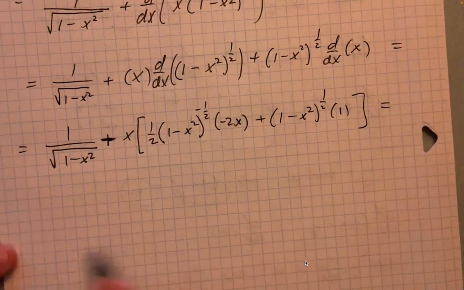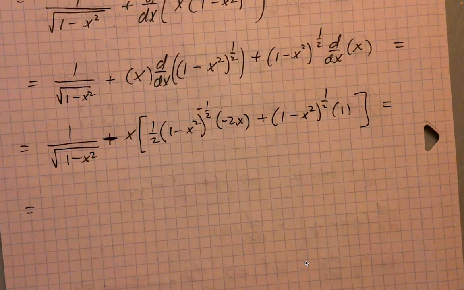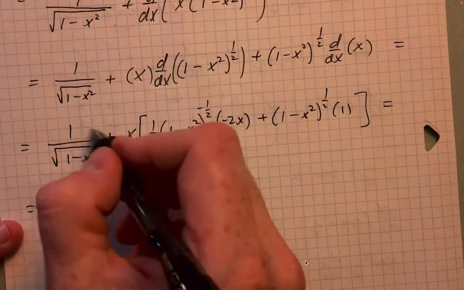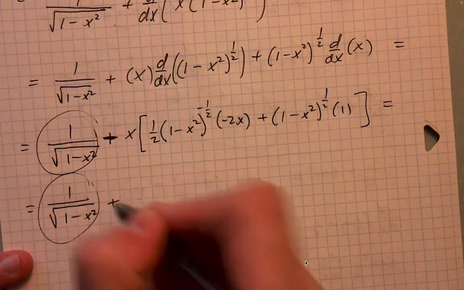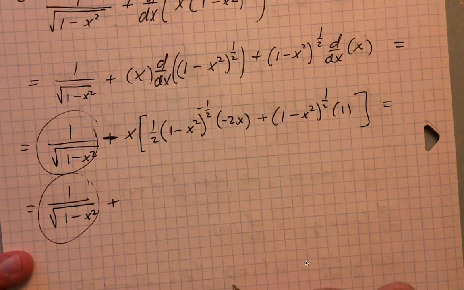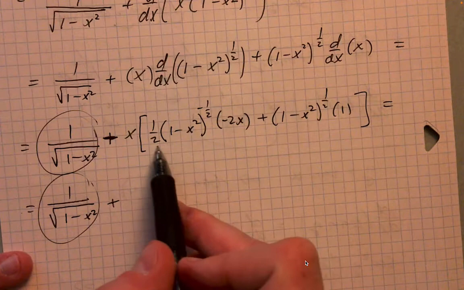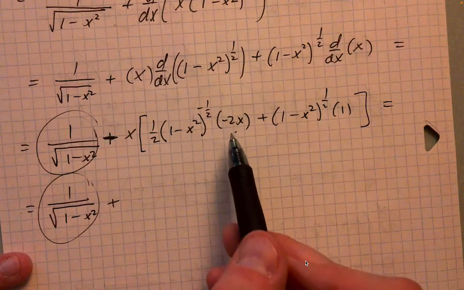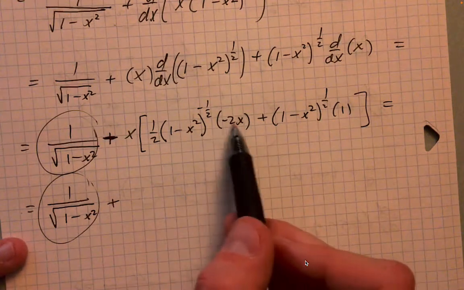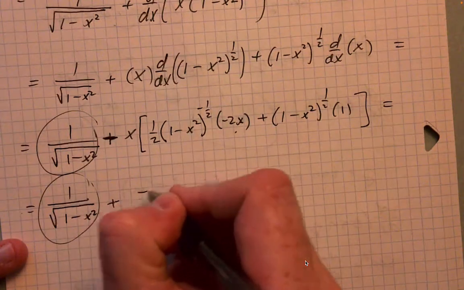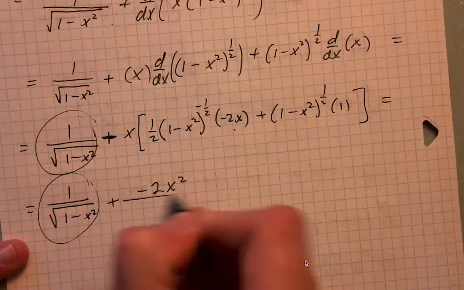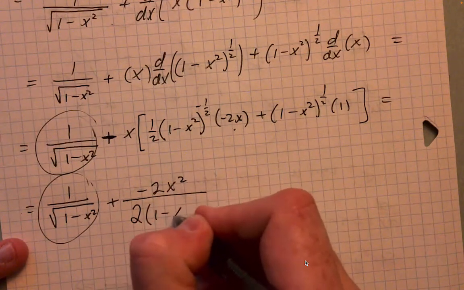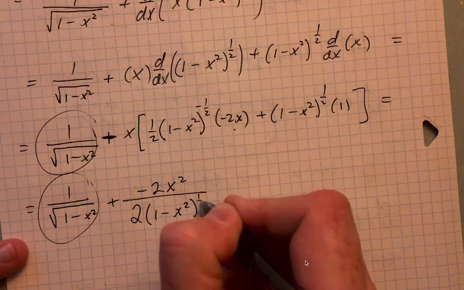Now this is plus, not equals. Okay. All right, so basically we're done. It's just a matter of cleaning up. So let's see, 1 over the square root of 1 minus x squared. So that's the new piece there. It's the smallest part of this entire problem, but ultimately you would get a negative 2x squared, and then that's all over 2 times 1 minus x squared to the 1/2 power.